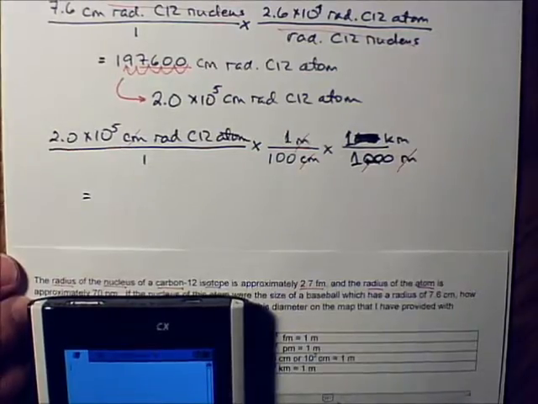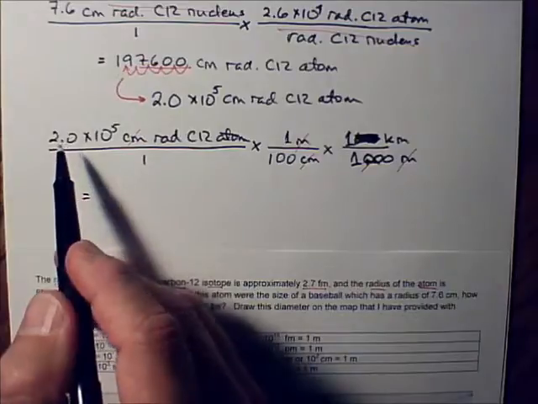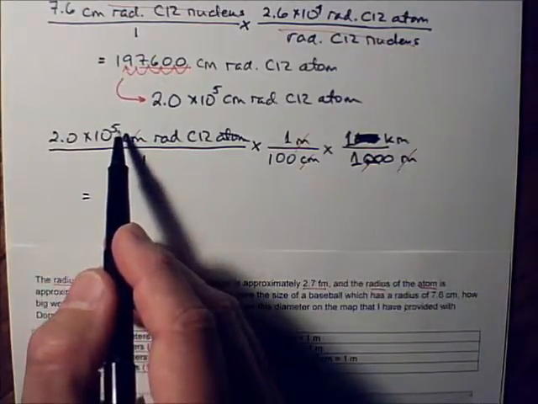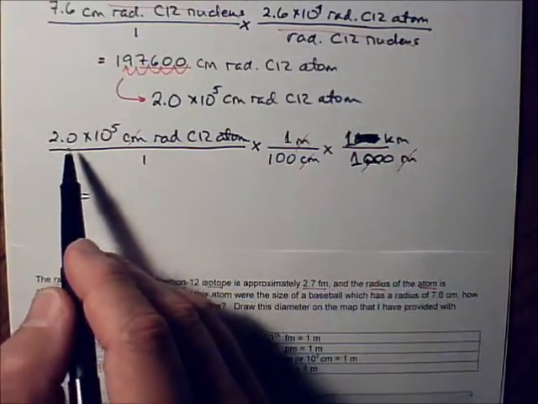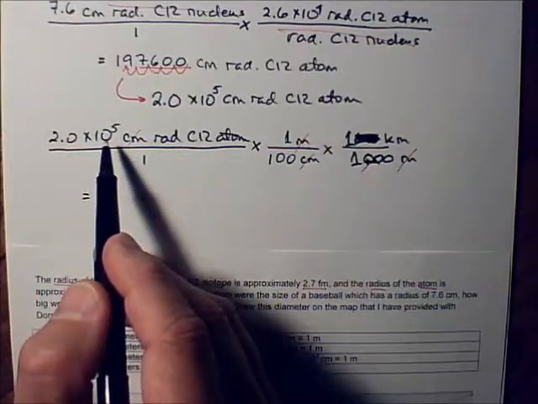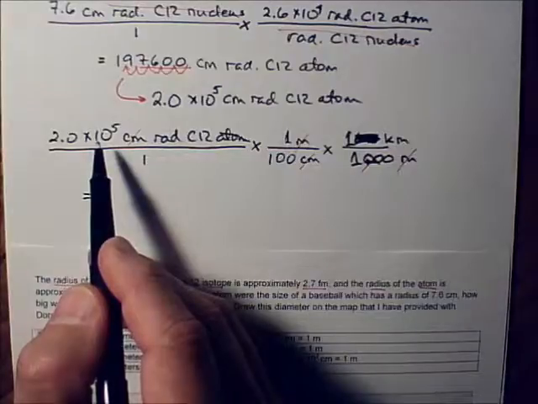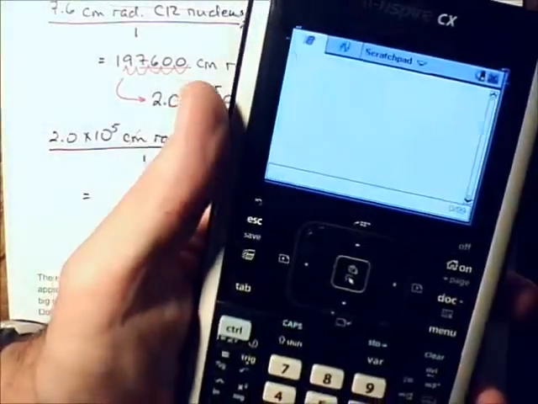All right, so now pay attention here. This is really important, guys. We have two different math operations here. We have 10 to the power of 5, and that number times 2.0. So in order to keep your order of operations separate, depending on what kind of calculator you're using, you might need to put this in parentheses. I'm going to show you what I'm going to do here.